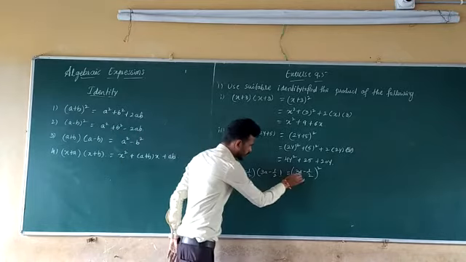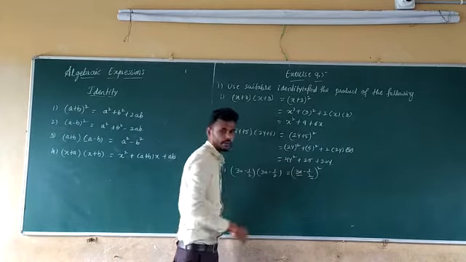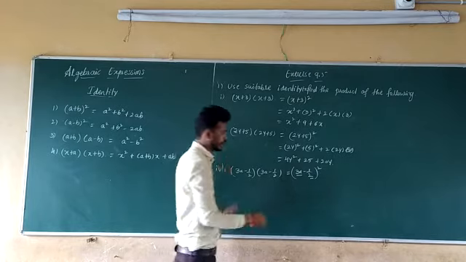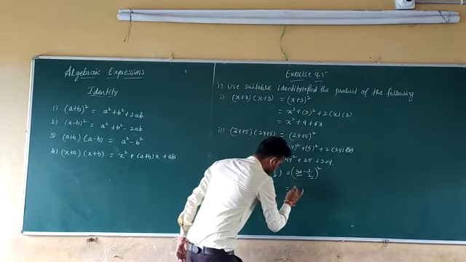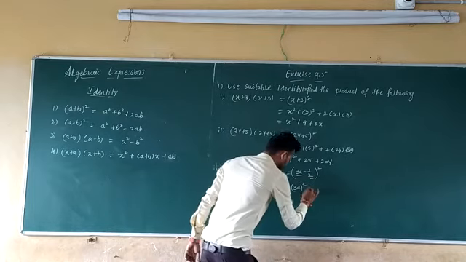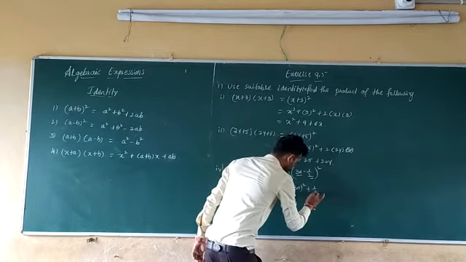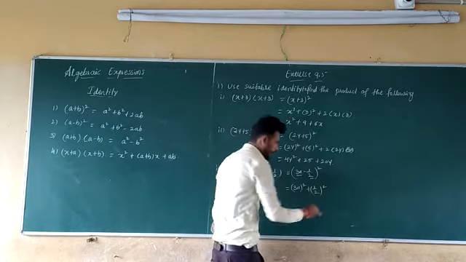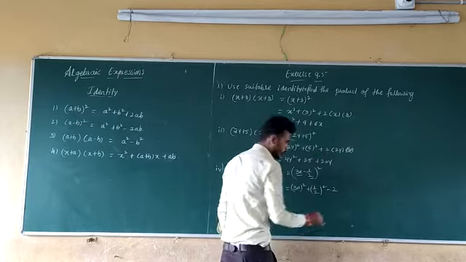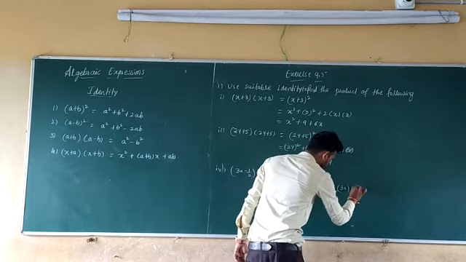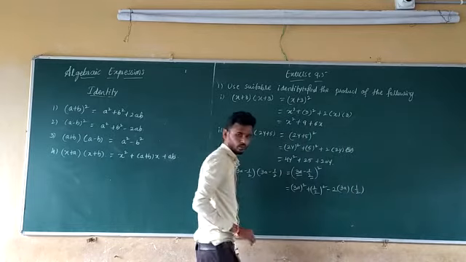So it is of the identity second one, (a minus b) whole square. Here a means 3a, b means 1 by 2. So a square plus b square minus 2ab, that is the identity. So a square means (3a) square, plus b square means (1 by 2) square, minus 2ab: 2 into a means 3a into b means 1 by 2.